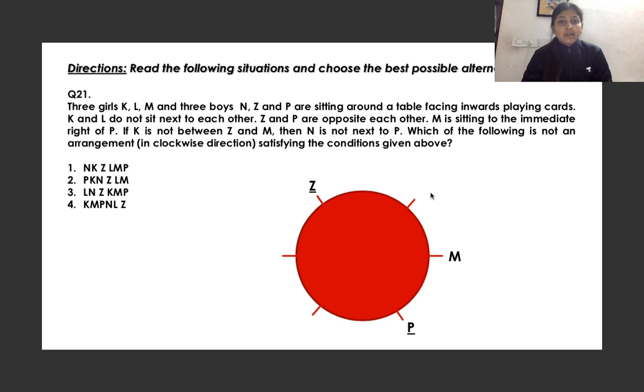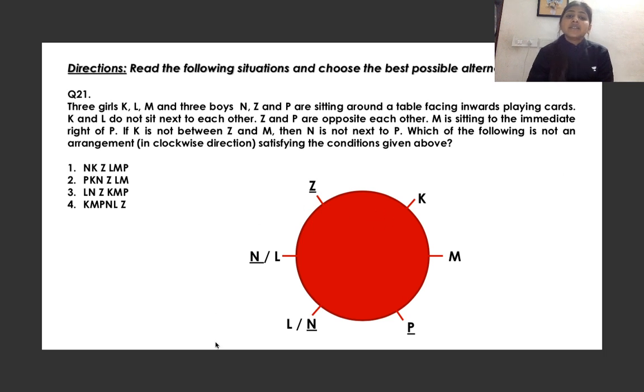But if K is in between Z and M, then N will be next to P, because if K is not between Z and M, then N is not next to P. So what are the solutions you can get? You can put K here, N here, L here, or you can put L there and N will then not be next to P, so K will be here and N will be there. So those are the 2 solutions that we will have, either putting L here or K here.